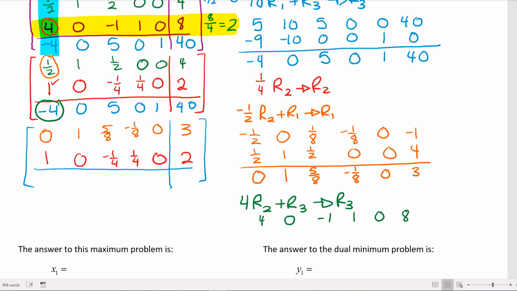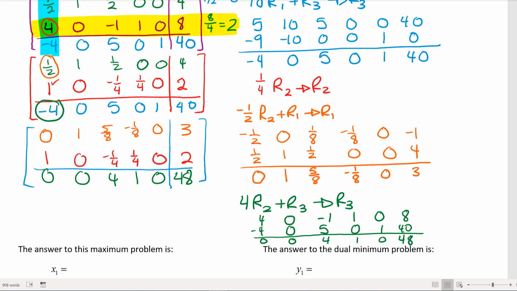Then I'm going to put the row 3 right below it, and then add down. That gets me 0. No big surprise there. That's what we were hoping to have happen. So we have 0, 0, 4, 1, 0, 48.